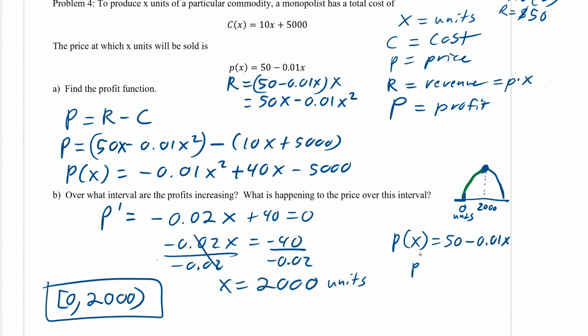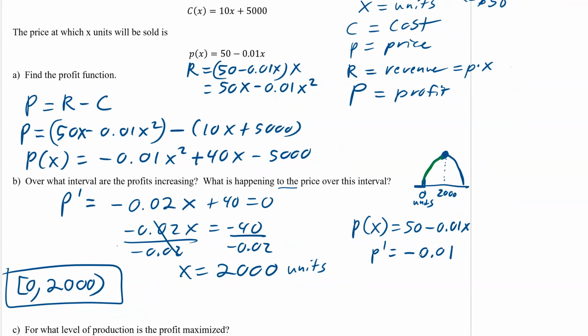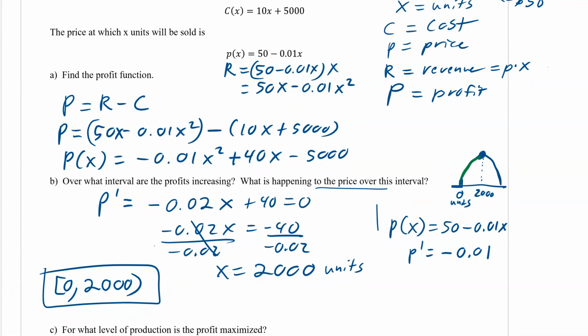And so if we took the derivative of this function, you end up with minus 0.01. So if we want to see what is happening to the price over the interval, we take the derivative of the price. And if we have a negative slope, we know it's decreasing. So what's happening is that for our profits to increase, our price has to decrease.